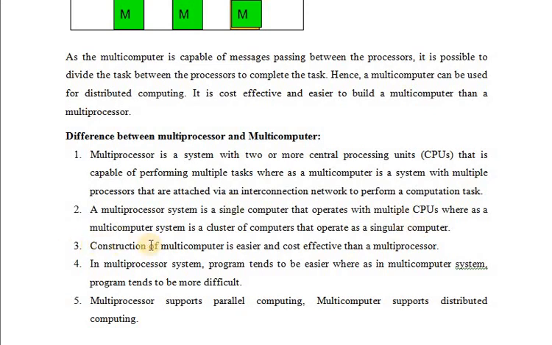Third, construction of a multi-computer is easier and more cost effective than a multiprocessor. Fourth, multiprocessor system programming tends to be easier, whereas multi-computer system programming tends to be difficult. Multiprocessor supports parallel computing, multi-computer supports distributed computing. These are the major differences between the multiprocessor and the multi-computer.